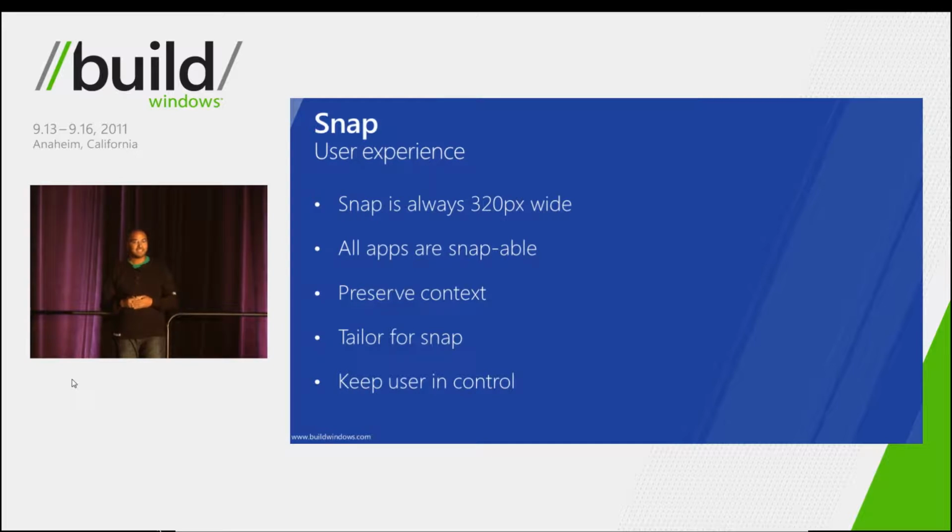And the idea is, if you have a feature in your application that needs more space, like obviously that will happen sometimes, rather than hiding that feature in Snap, you can actually make yourself bigger if you need more space. But we want to make sure that we only do that in response to a direct user action, because we want to keep the user in control. They just snapped that application. They probably wanted it to be snapped unless they did something that made it bigger.